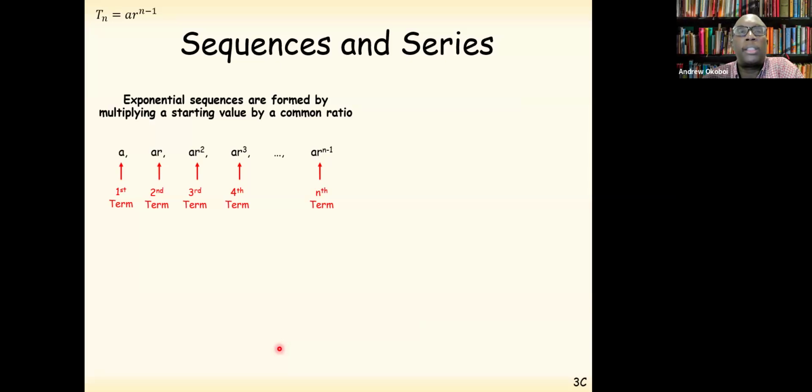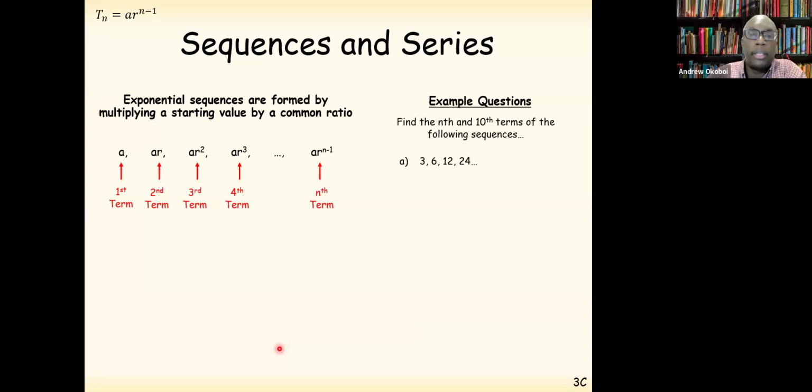Let's look at an example question. We are supposed to find the nth term and the 10th term of the following sequence. Just by looking at this sequence, I can tell that A is equal to 3 because that's the first term.